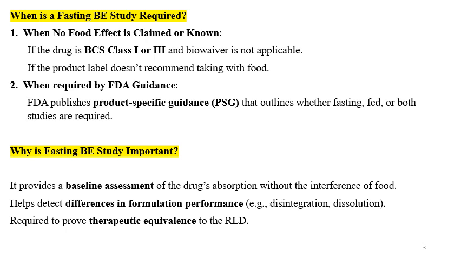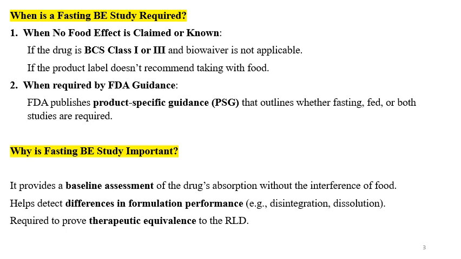So sometimes product specific guidances are provided by the US FDA and other regulatory authorities like EMA. These product specific guidances outline whether fasting, fed or both studies are required. And if the product specific guideline says that fasting is sufficient, at that time fasting state bioequivalence study is required.